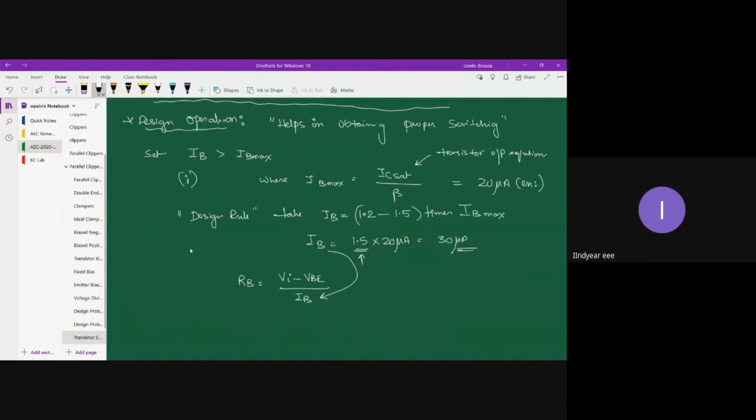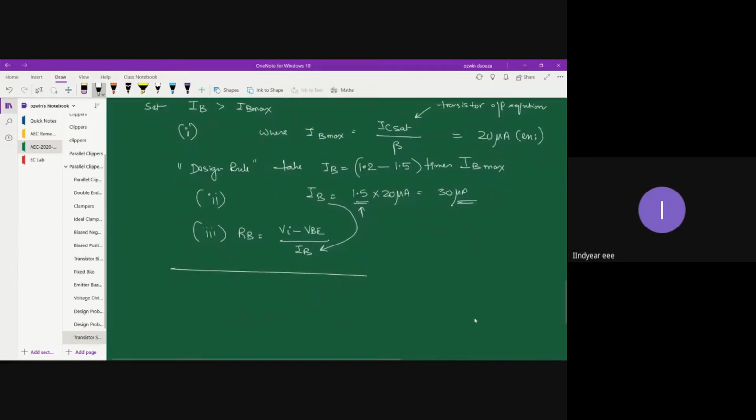First step, find IB max. Second step, set IB by multiplying IB max with 1.2 to 1.5. So 1.2 to 1.5 is going to be the multiplication factor. And in the third step, you can design the base resistor. This is what we use for our design problems.